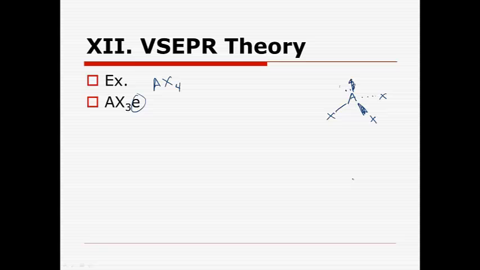So this is known as a trigonal pyramidal. This is above the other three down here. And the bond angle, it was 109.5 on a tetrahedral. These angles actually want to get a little bit closer because they're getting further away from the electron pairs. So it goes down to 107.